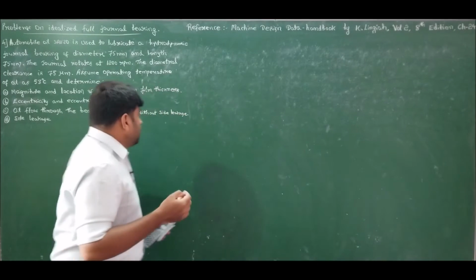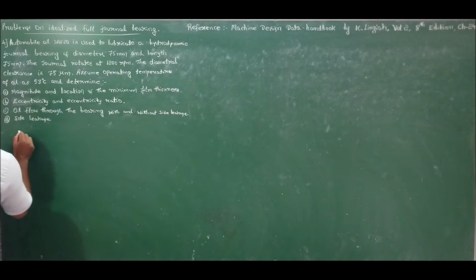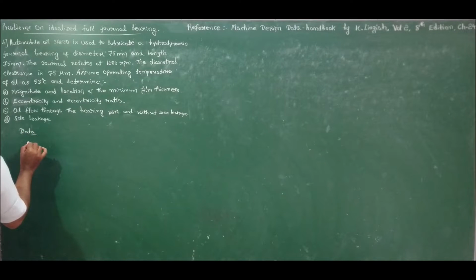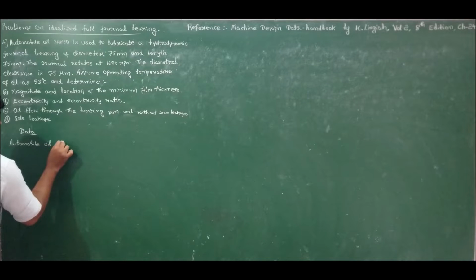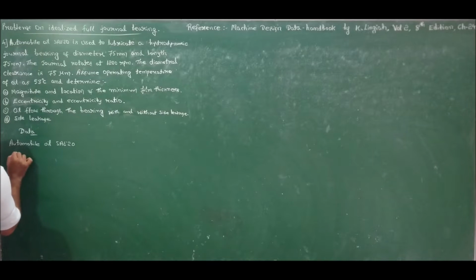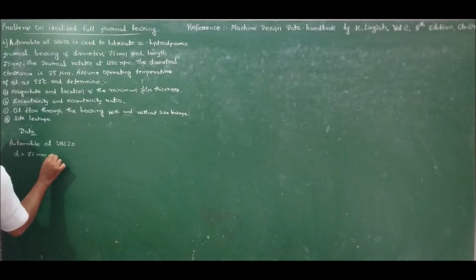Now, if I list out the data given for problem number 4, we have automobile SAE20 oil, which is used to lubricate hydrodynamic full journal bearing. The bearing diameter is specified, that is 75 mm, which is equal to length.